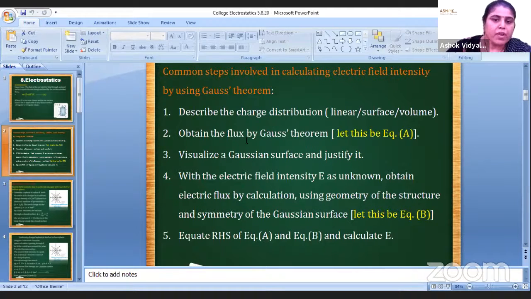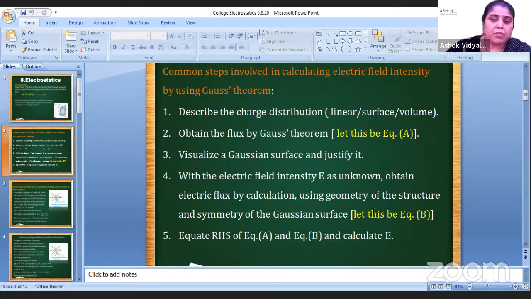Then obtain the flux by Gauss theorem, which we have learned in the earlier slide, that is the equation number A. Okay, then visualize a Gaussian surface and justify it. Then with the electric field intensity E as unknown, obtain the electric flux by calculation using geometry of the structure and symmetry of the Gaussian surface. That is the equation number B.